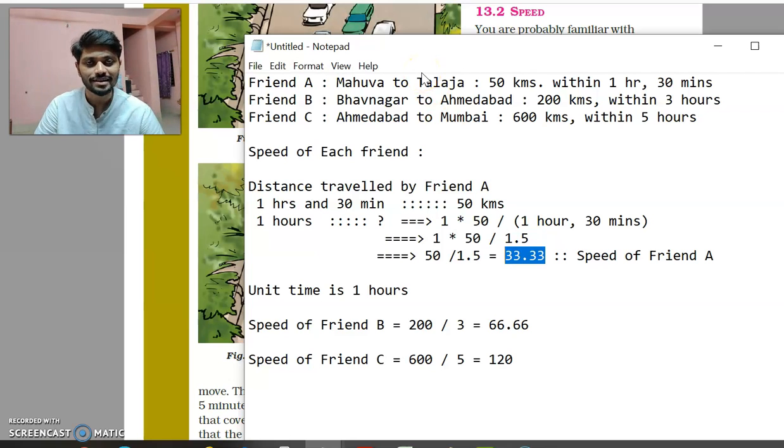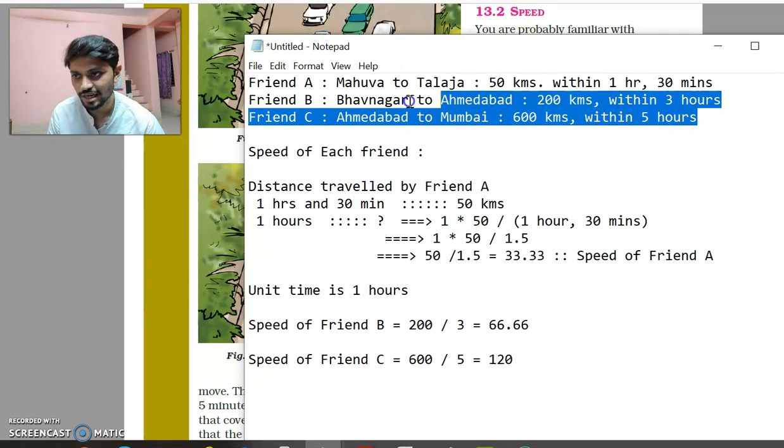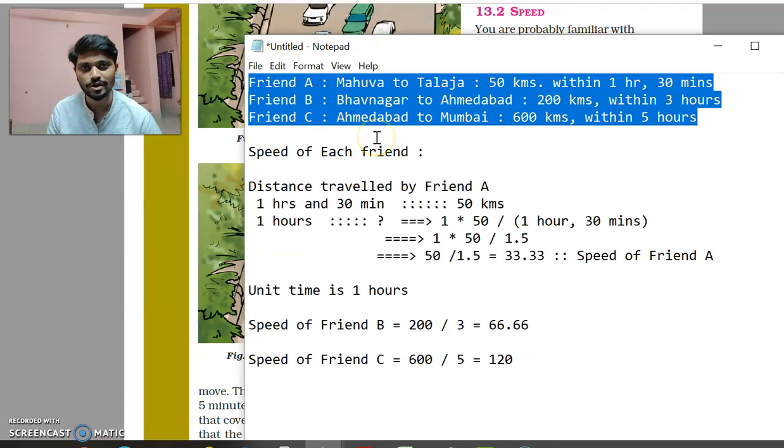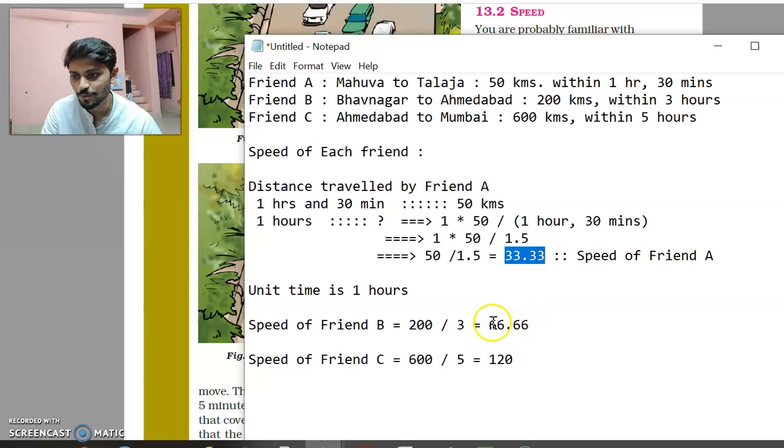Now we have a quantity which we can compare easily. Right? When I gave you only that data, could we calculate the speed of each friend? No. But when we calculated the speed in these three instances, we can easily compare which friend is fastest.